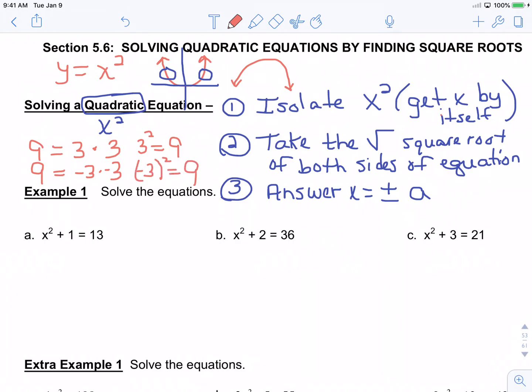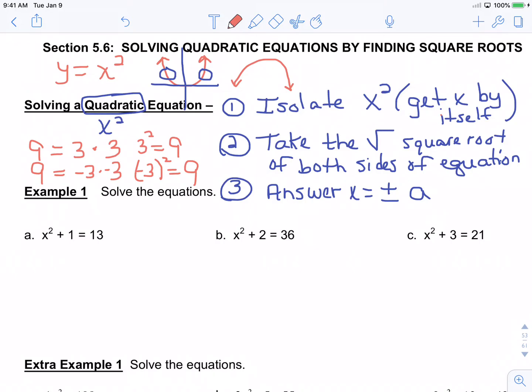And that's how I get plus or minus 3. So because I have that plus or minus option, 9 is really 3 squared or negative 3 squared. So all of our answers, again, are going to have that plus or minus option.